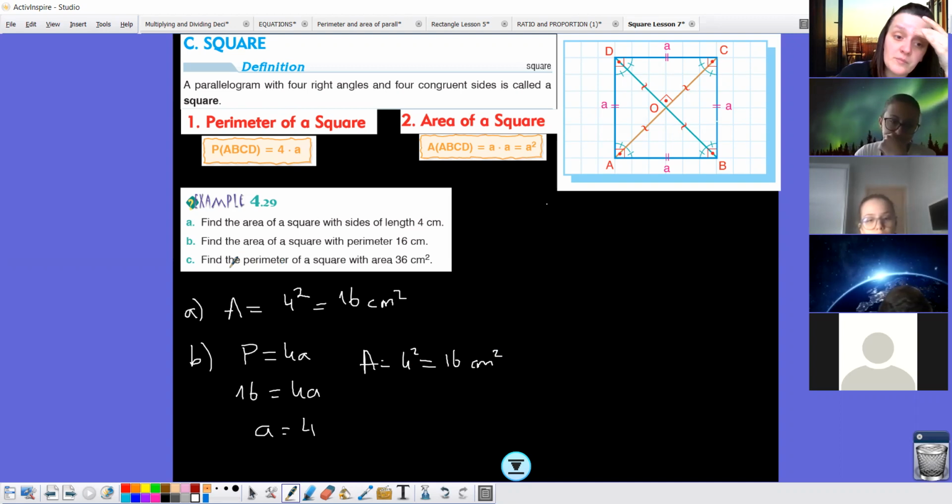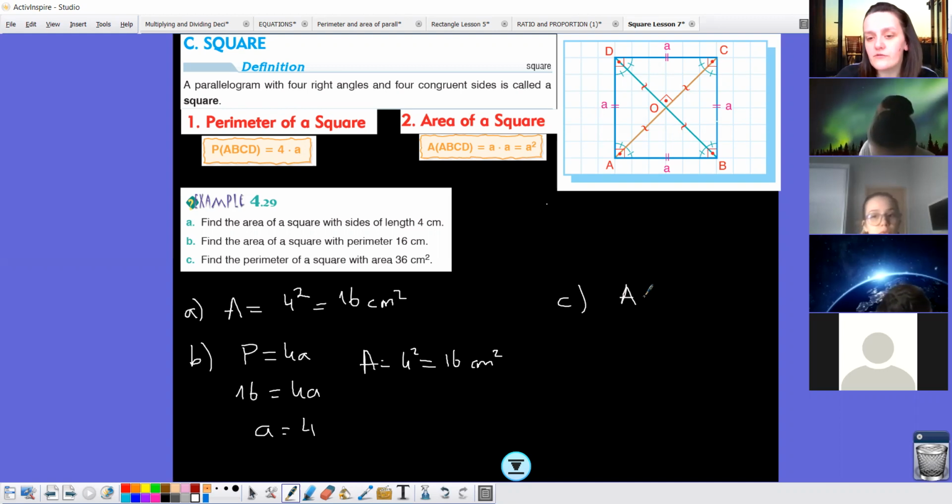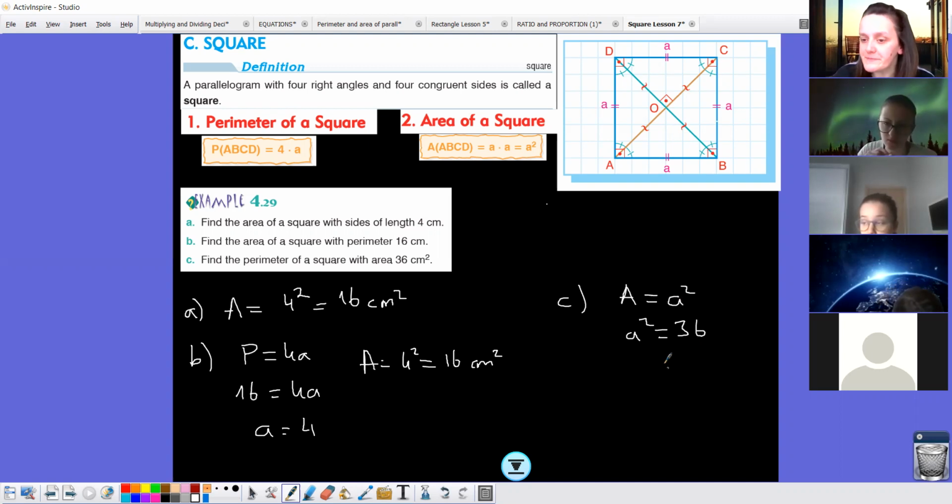Here, find the perimeter. Area is given and we need to find the perimeter. The formula for area is A squared, and if area is given as 36, A squared is equal to 36. So what will A be? A will be the square root of 36, which is 6.